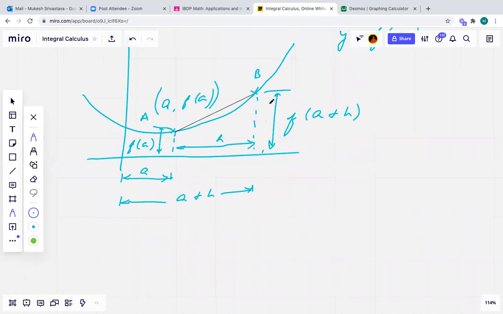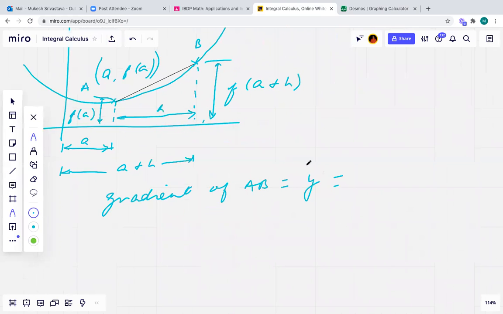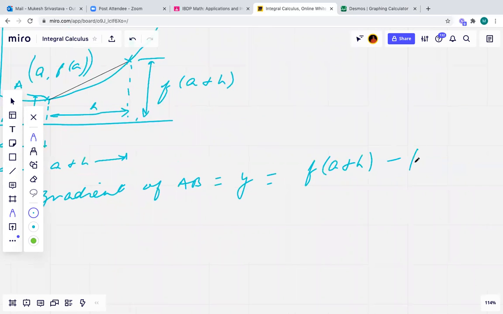My gradient of AB, gradient y equals f of A plus h minus f of A upon h.